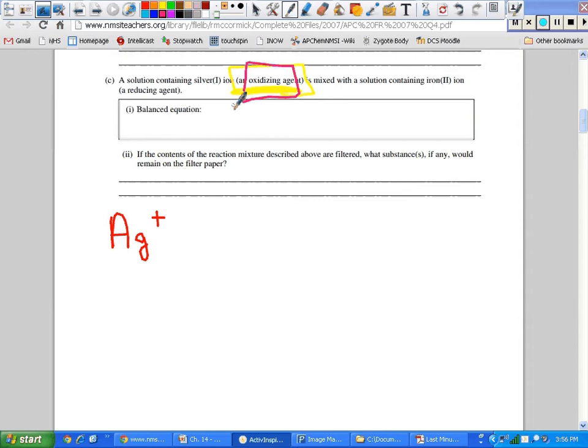All right, let's go to the next reactant. Is mixed with a solution containing an iron 2 ion. Now, we already know this, but if we weren't quite sure, it says reducing agent. That was our OX and RA. That's why I kept building those things. That's why I kept setting those things up for you, so hopefully that when you got to things like this, you would remember this stuff.